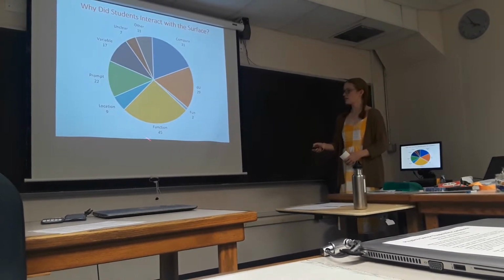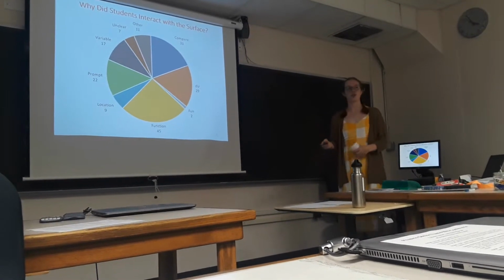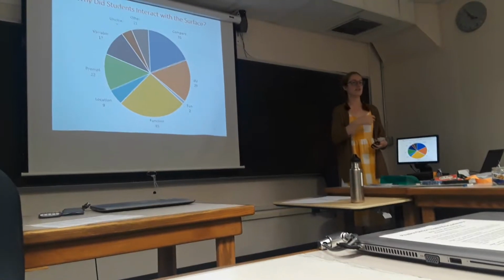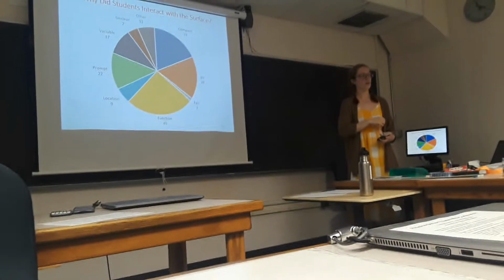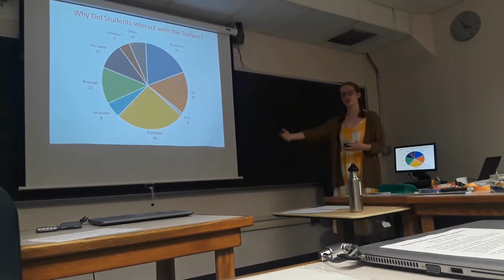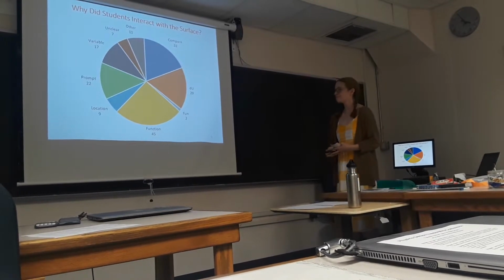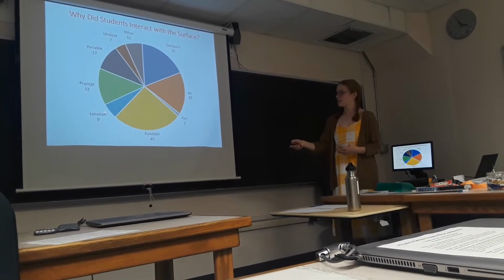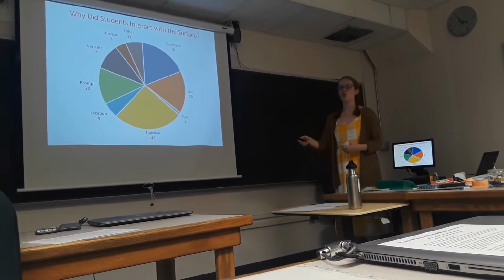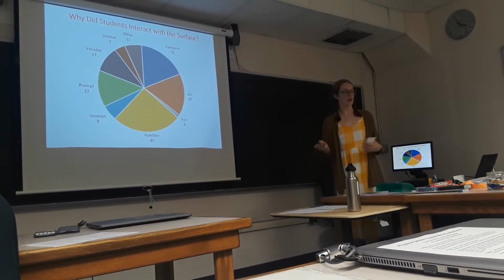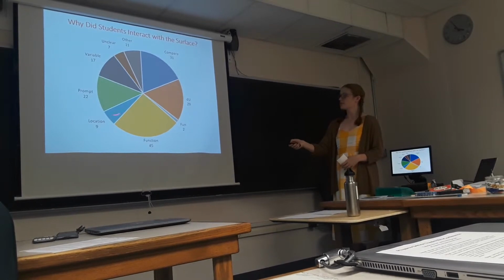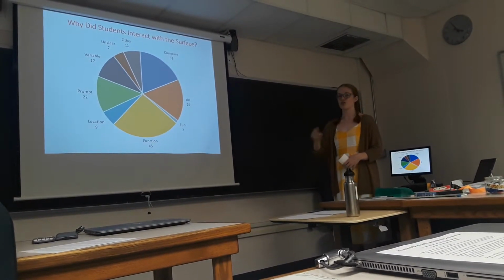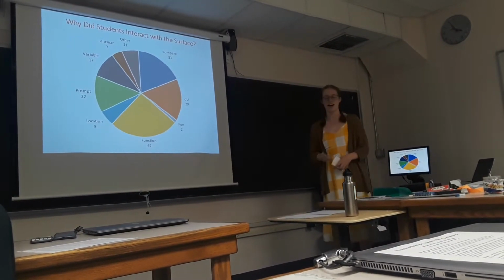There was function, where students looked at the functional behavior. How does a variable increase over distance? How does it decrease? What does the slope do over the course of the area? We have location, where students confirmed or pointed out the location of an object on the surface. We have prompt, where the action was explicitly prompted by the activity.